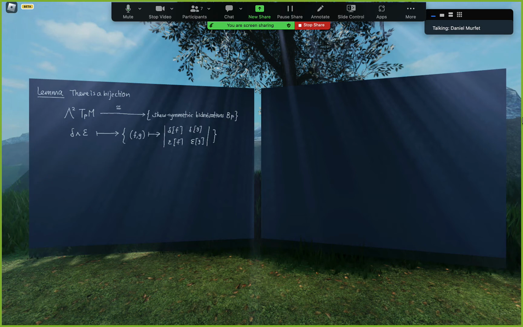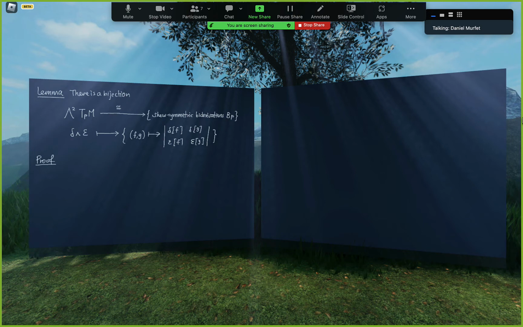And that map is, I claim, a skew symmetric biderivation. What I'm going to do is just give the construction of this map. And the way it's constructed, obviously you can construct the inverse. So the proof is kind of easy once I construct this properly for you. So that's what I'll do.